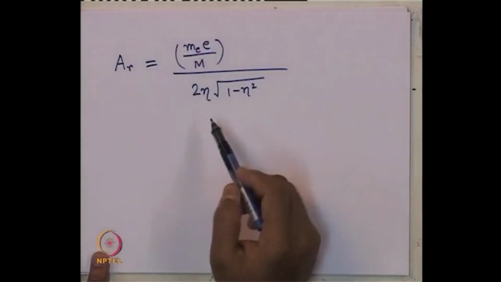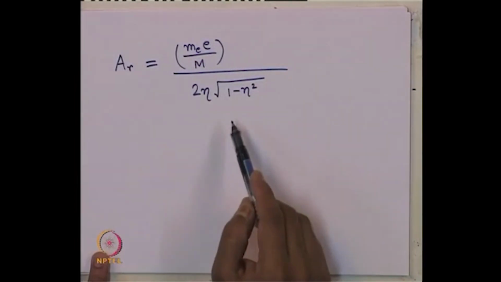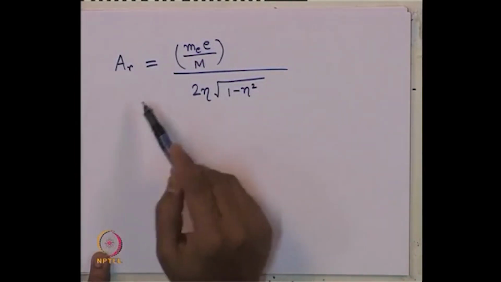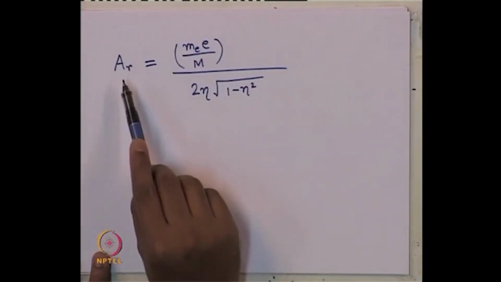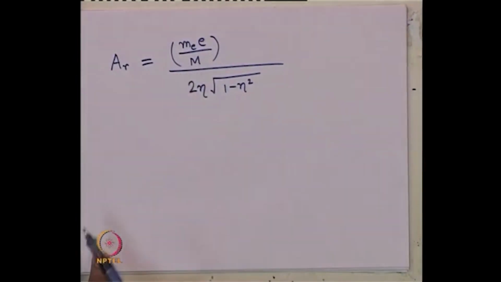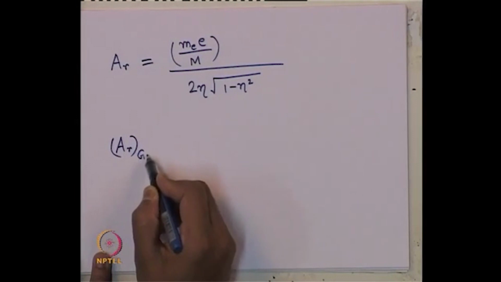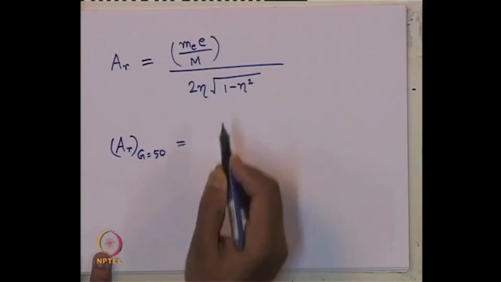That maximum DMF in this case also expression remains same, 1 by 2 eta root over 1 minus eta square, whereas in this case the DMF is defined as dynamic displacement divided by MEE by M. Do you remember? So, AR for G equals to 50, how much?